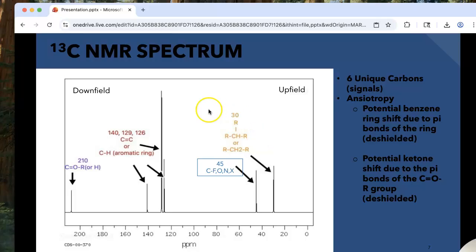There was not as much anisotropy going on that I could identify in the lower ppm in the upfield region from these alkyl groups.